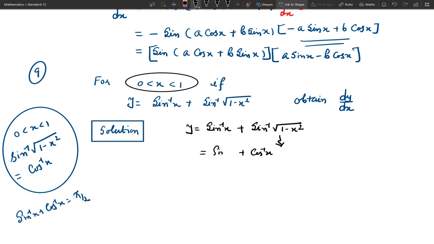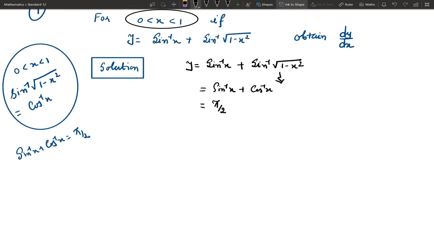So this is sin inverse x plus cos inverse x, which by formula is pi by 2. So y is constant, y equal to pi by 2, and therefore dy by dx equal to 0, since y is constant.